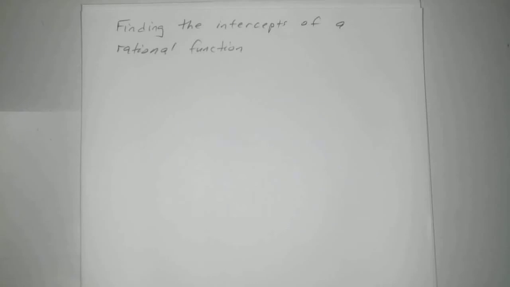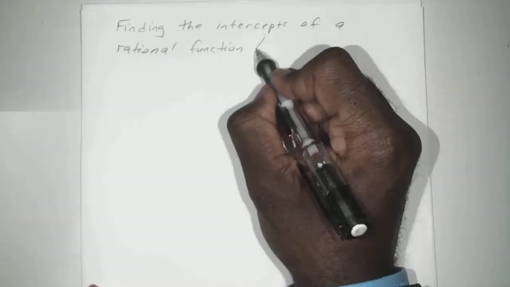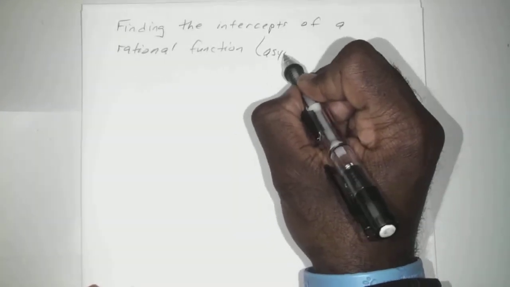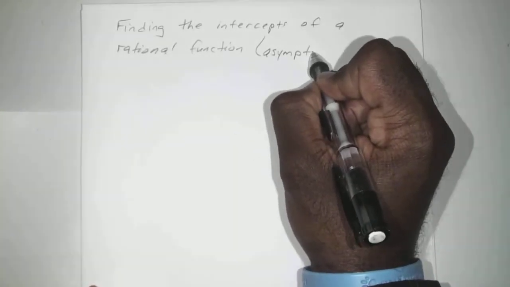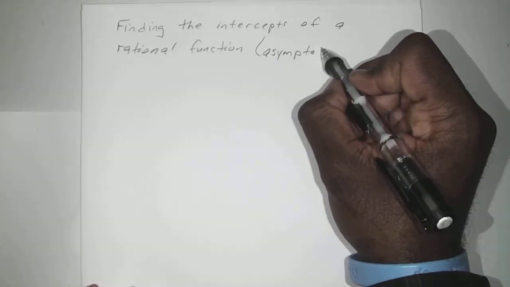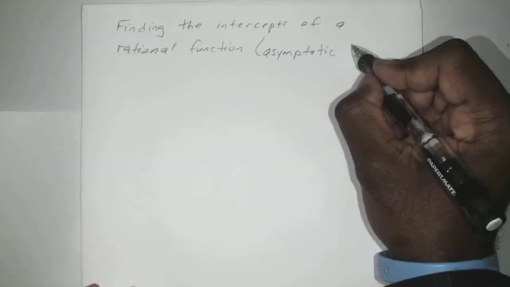These intercepts just describe what they call asymptotic behavior.